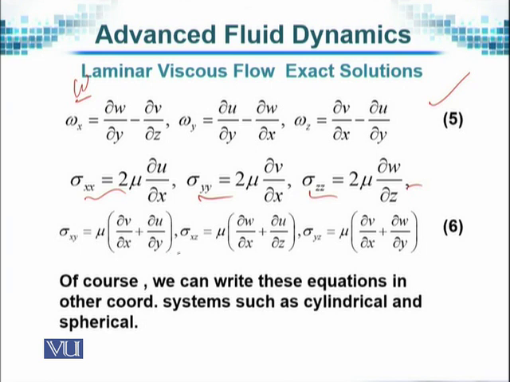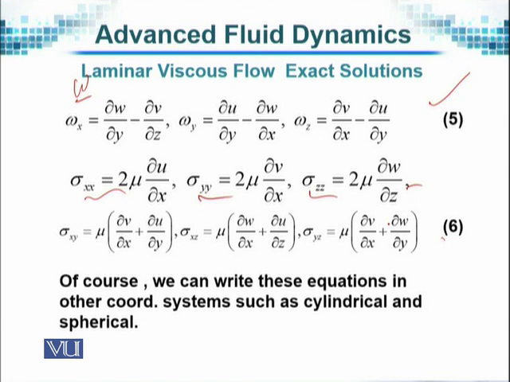So 6 of them are taken care of in equation 6, part 2, and the first ones that occur in the stress matrix are the diagonal terms, while these are the terms that occur in other places of the stress matrix. So separately writing, the components are written in this form.